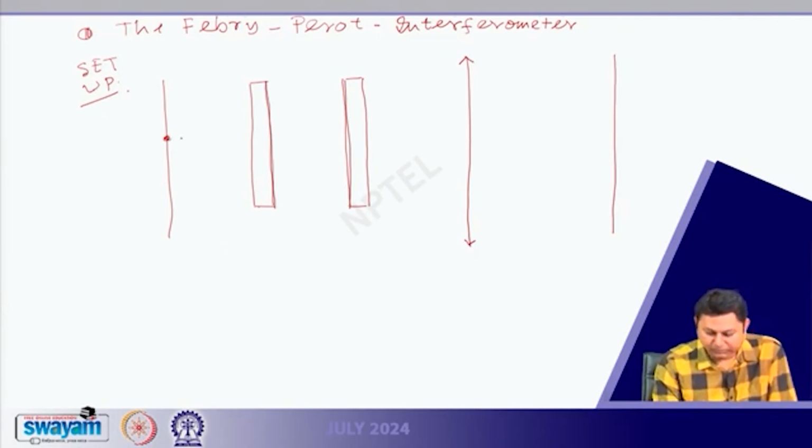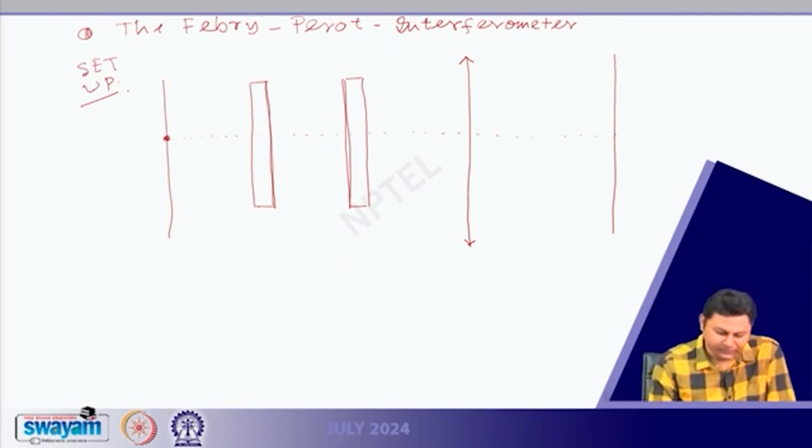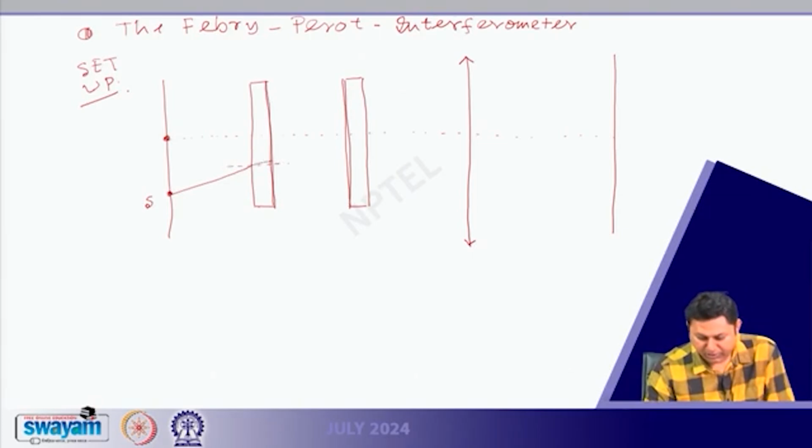So let me draw how this works here. Suppose I have a source point here in the source plane S, and light is coming here with an angle, and then goes like this and then emits, and then experiences multiple reflection here.